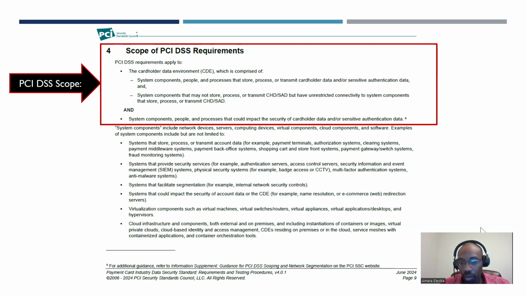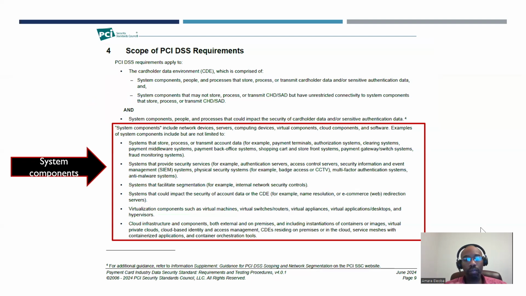That will be part of your scope. Another thing is that system components, people, and processes that could impact the security of your cardholder data and sensitive authentication data are part of the scope.